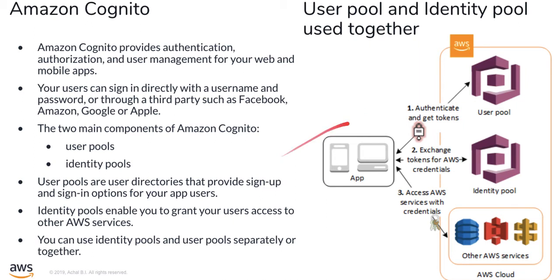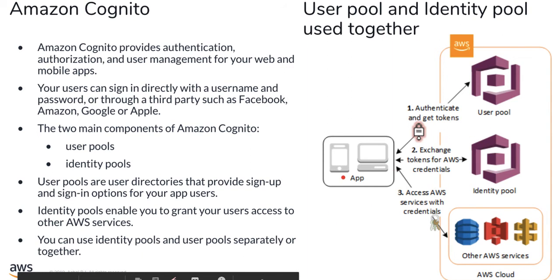Identity pools basically enable you to grant access to AWS resources. It is an authorization model which tells, for this particular token and this particular user, what the access is for the AWS services.